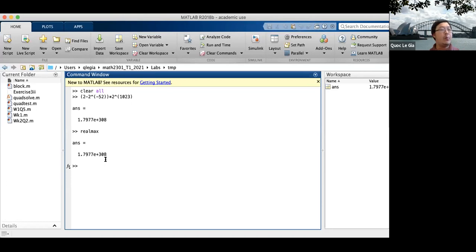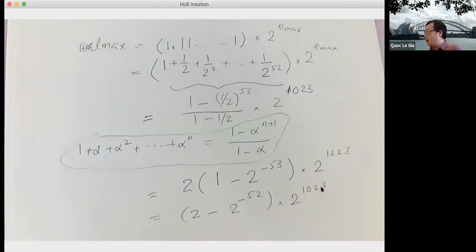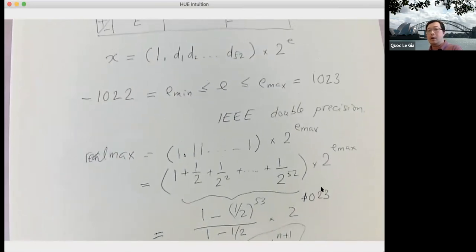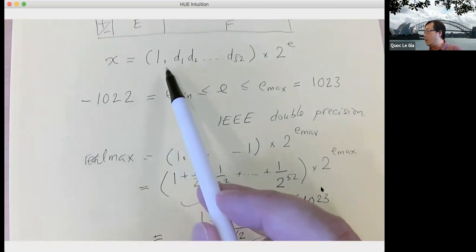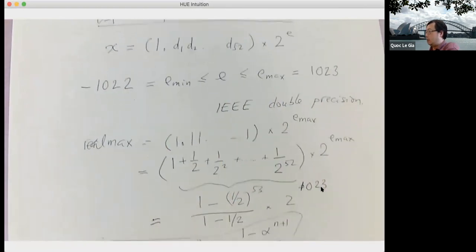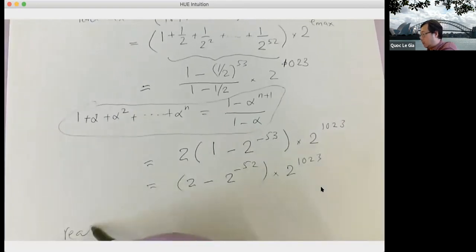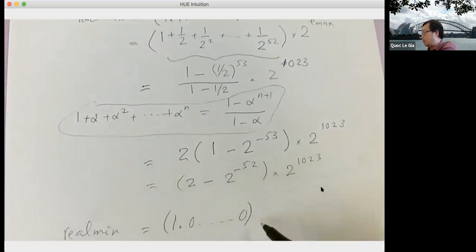So now what happened to realmin? What is the minimal value? Remember the definition of the floating point number: realmin is where I just set all the digits to be 0 and the exponent to be emin. So realmin will be 1.000, everything is binary here, times 2 to the emin.